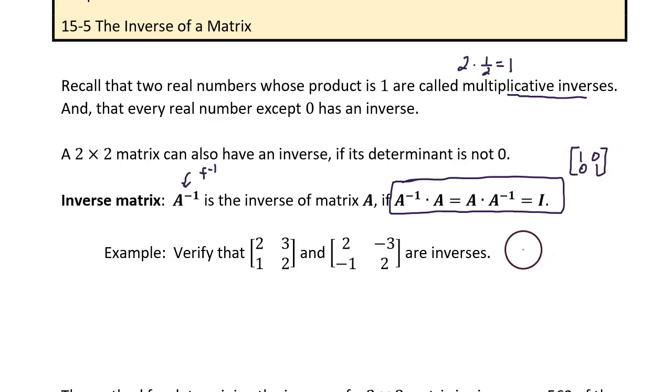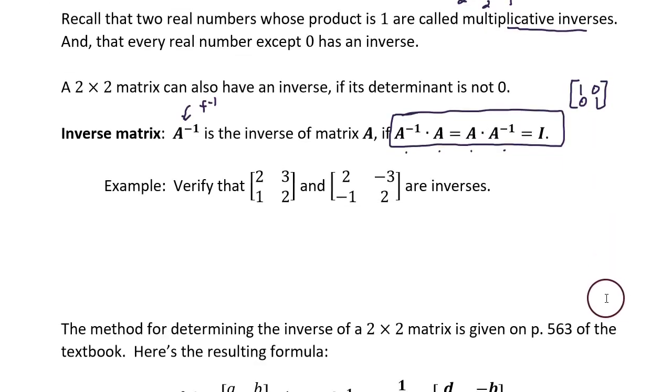So for two matrices to be called inverses of each other, when you multiply them together, it must create this answer matrix. And this has to be true no matter which matrix you write down first. So writing this matrix first and multiplying by this one has to make the identity, and writing this matrix first and multiplying by this one has to make the identity.